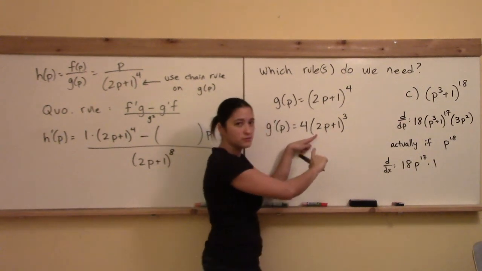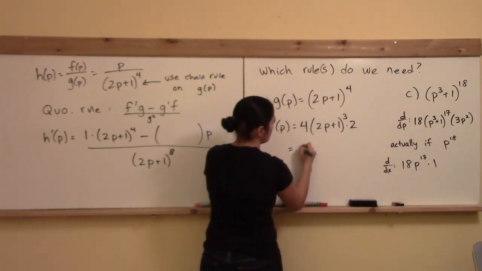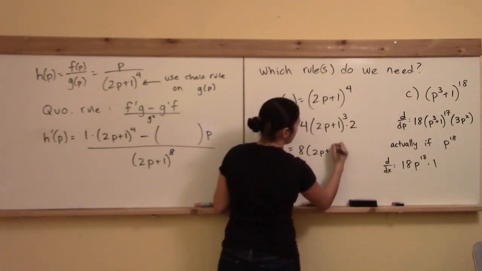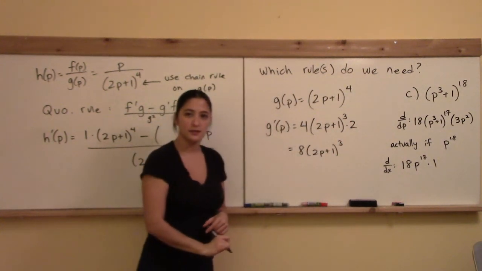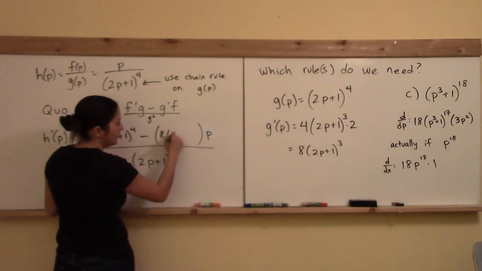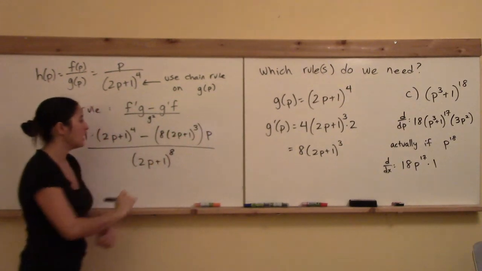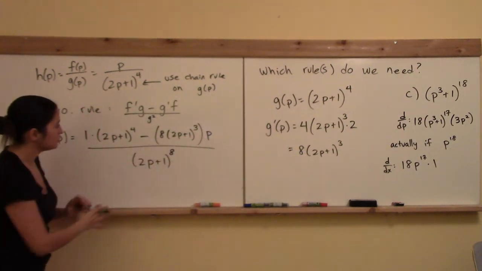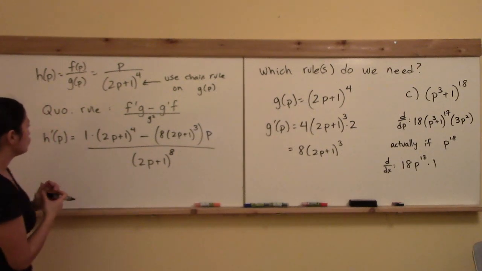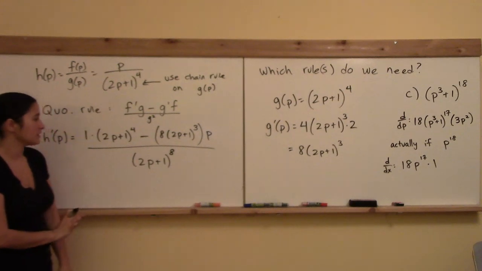And what's the derivative of 2p plus 1? That's 2, right? So this is actually 8 times 2p plus 1, quantity cubed. There you go. That's g prime, and that's what goes right here: 8 times quantity 2p plus 1 cubed, all times p. If we could simplify this, we would try, but that's the unsimplified form. We'll just leave it like that.